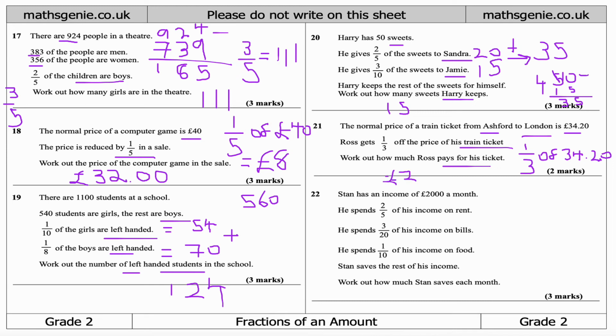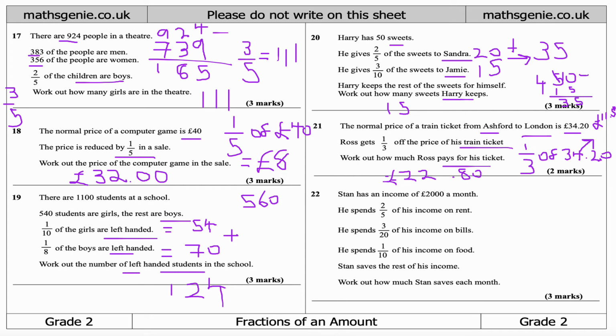So 1/3 of £34.20 ends up being £11.40. So the answer to that is £11.40, and then I take off £11.40 from £34.20 for that one.